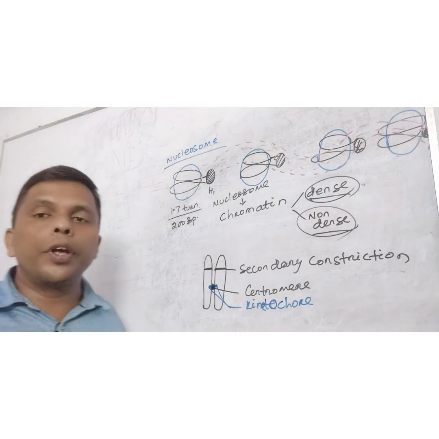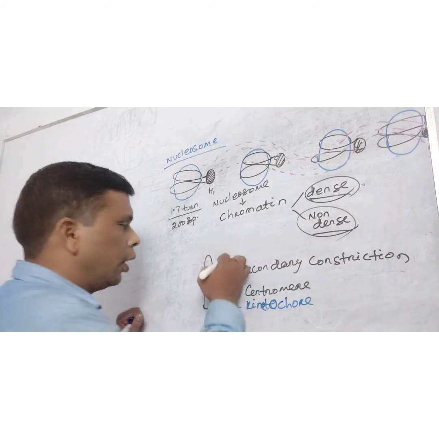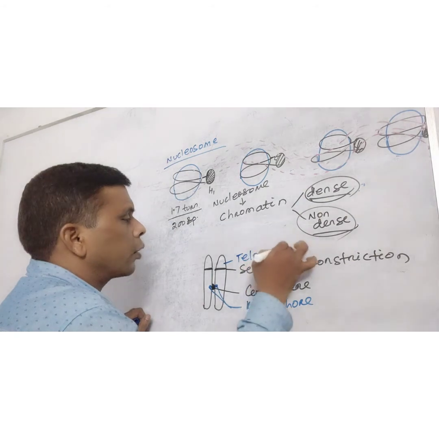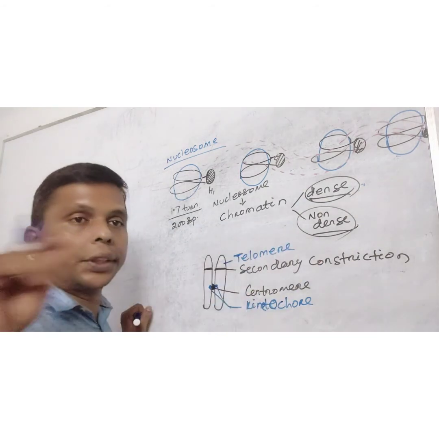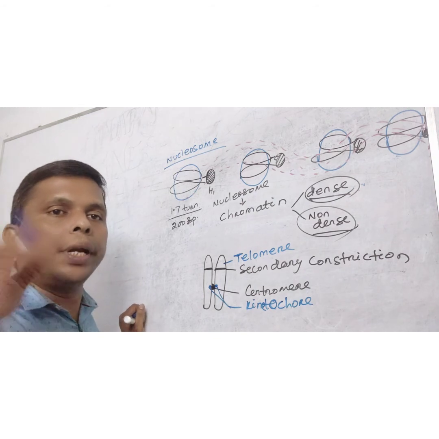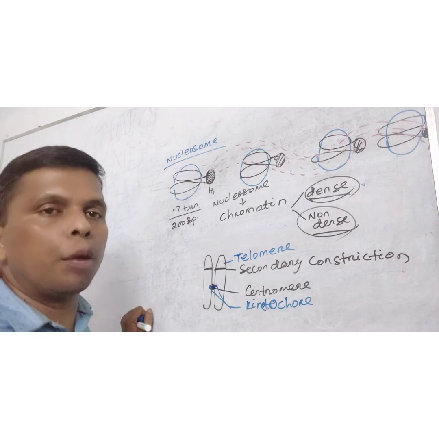The tip of the chromosome is called the telomere. This telomere consists of repeated sequences. How many times?